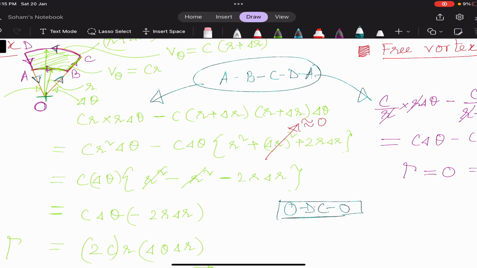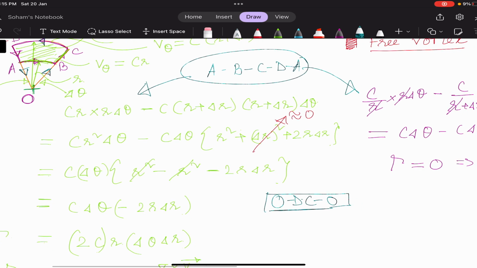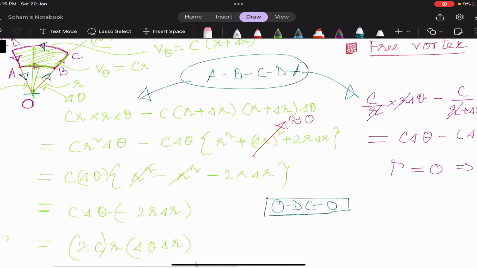So now let us do it for the free vortex. For OD and OC there can be VR, but VR is 0 and V theta is perpendicular to the paths, so the dot products are 0. Same for VZ, although VZ is also 0, so those will be 0.